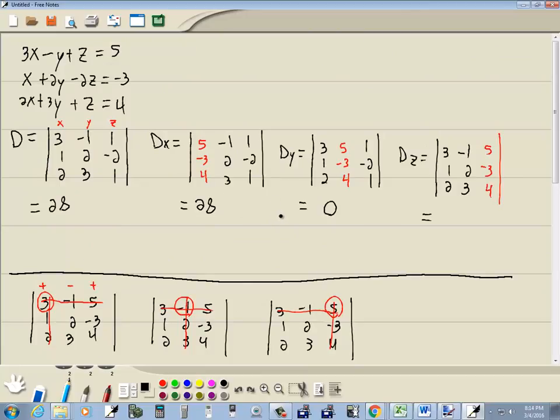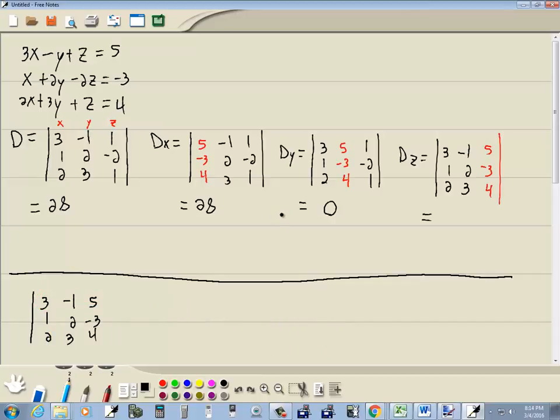So now, this is 56. And this is where you use your formulas to figure out what x, y, and z are. X is going to equal d sub x over d. D sub x we said was 28 over d, which is 28, which gives us 1.